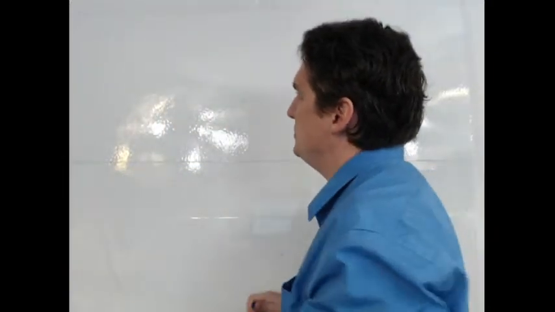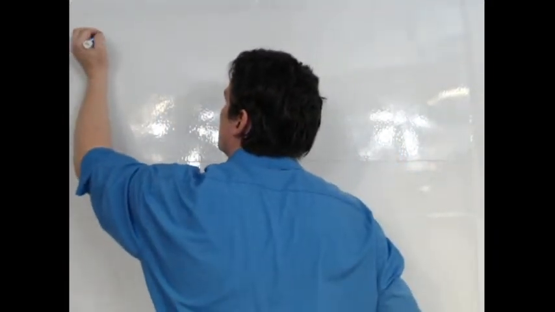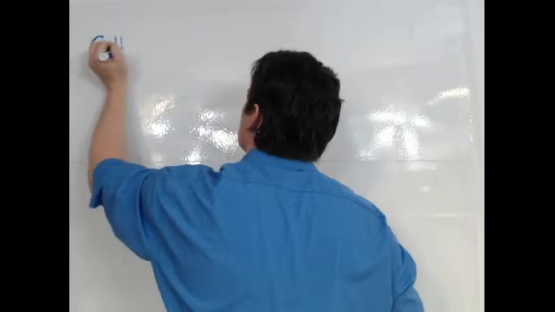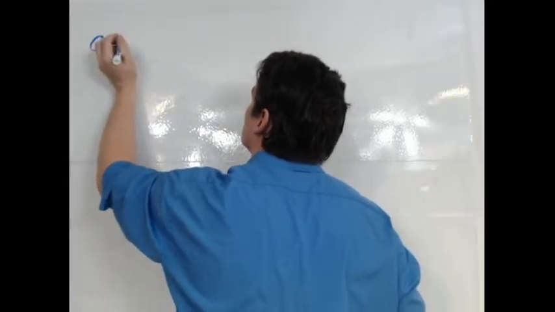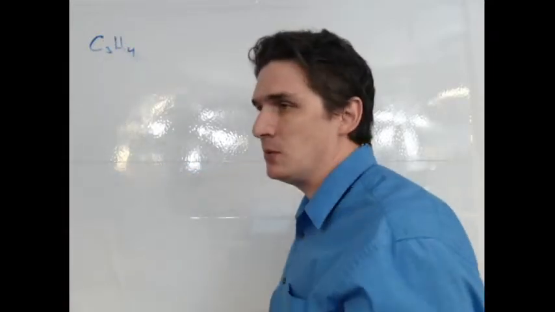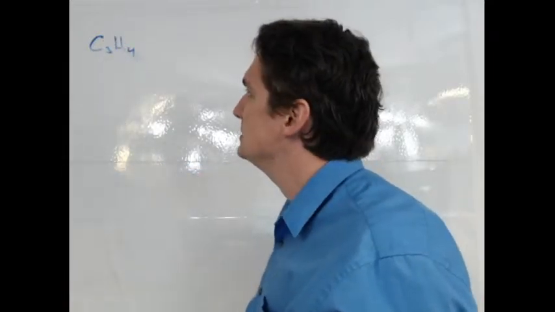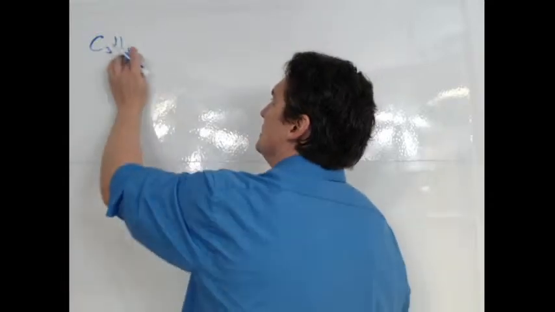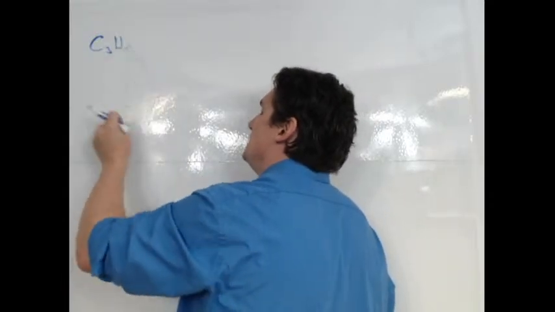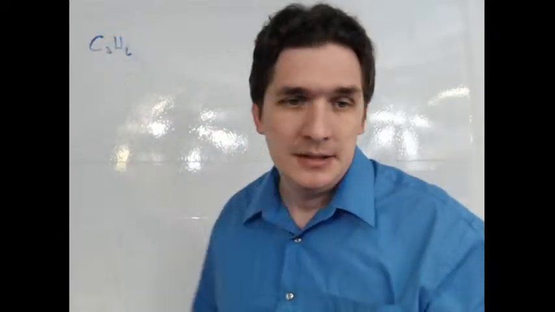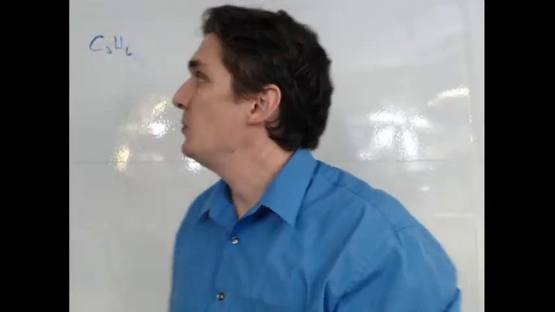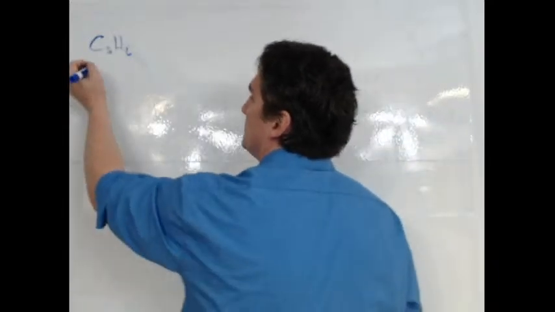So let's say I give you C3H6, or C3H8, or C3H4. Ooh, that's a tight little molecule. C3H6 seems really simple, but we have that 2n plus 2 rule.